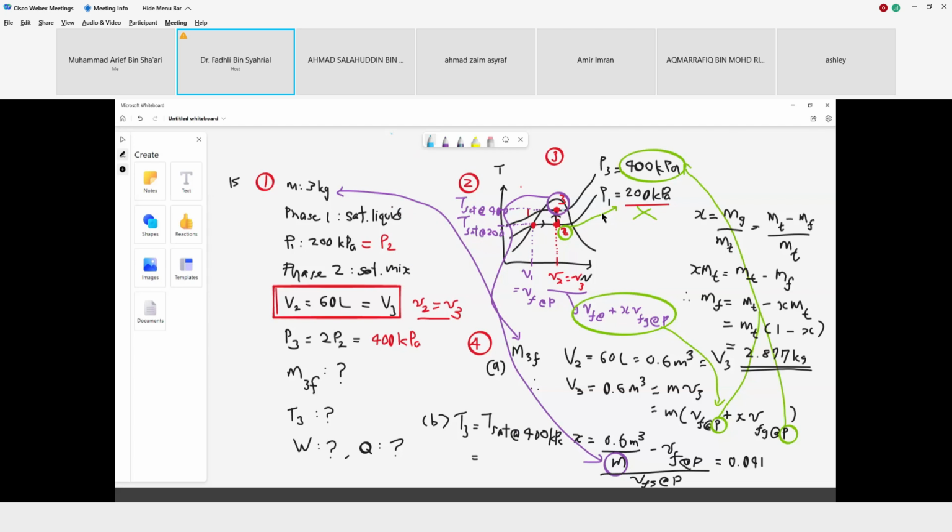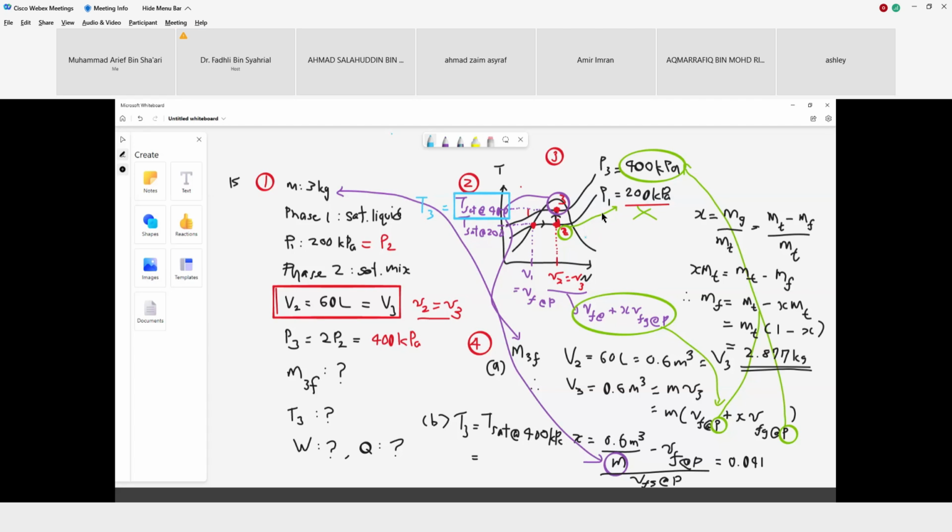This T3 is actually equal to T sat. So look at the temperature, pressure table, table A5 at 400 kilopascal.